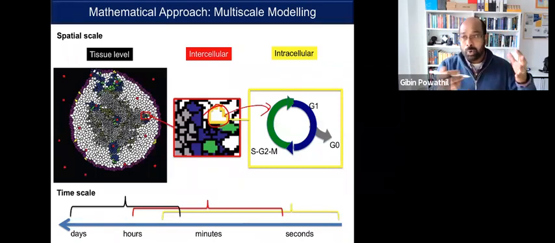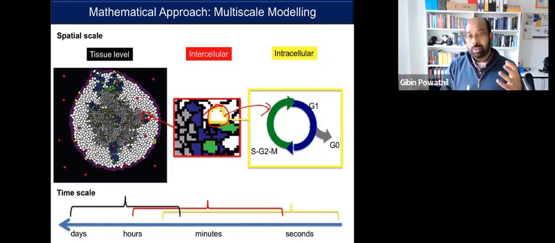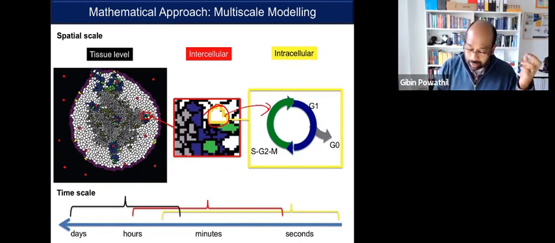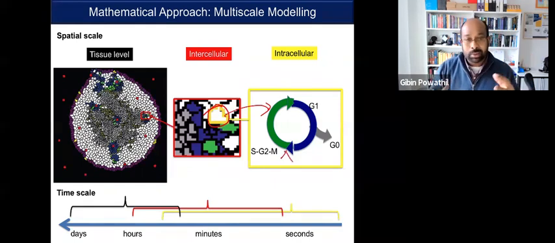And then at some point, say, I have enough growth, I will divide. So we can include those things in the mathematical model, using equations. For example, I have the cell cycle, and we can say that at some point the cell divides and gives two cells. So we can take that growth into account.